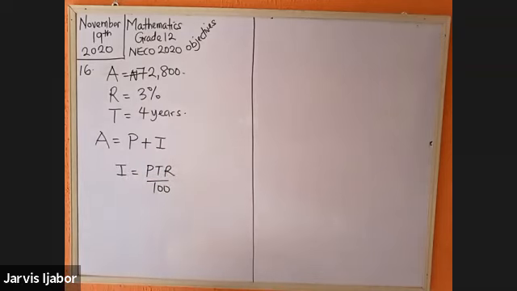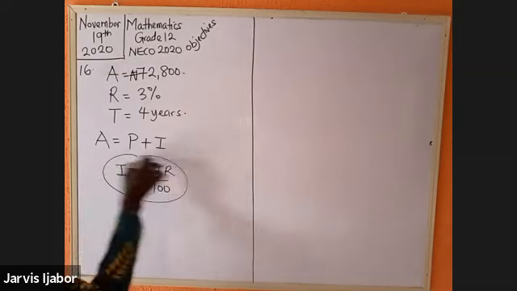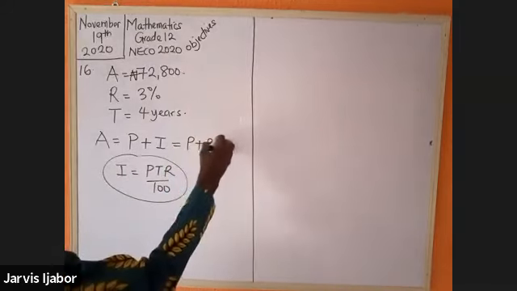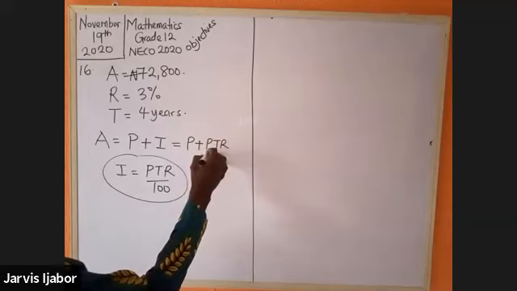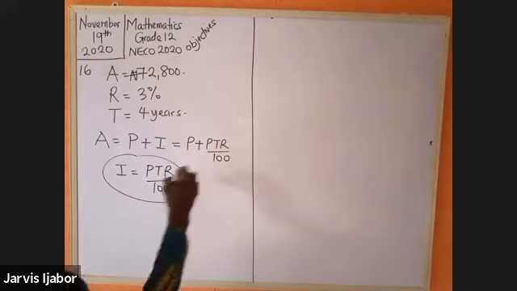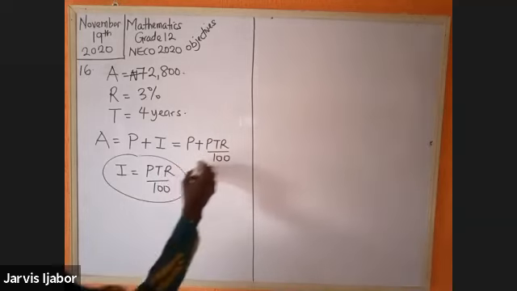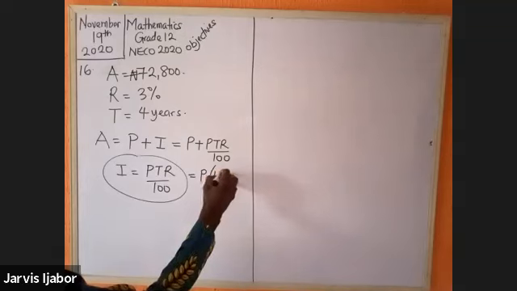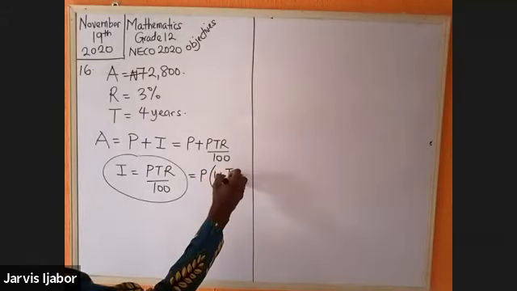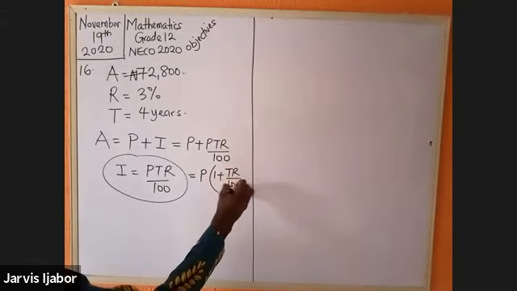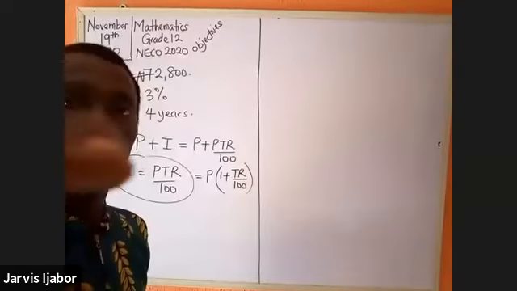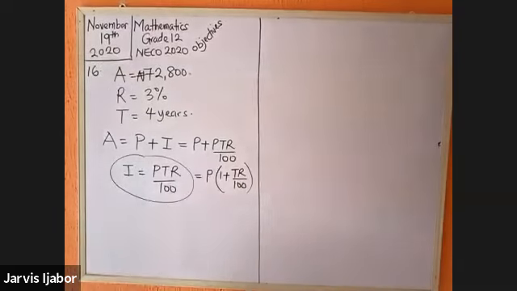So with this knowledge, I can write the amount as principal plus principal times time times rate over 100, which will give you principal times 1 plus TR over 100.